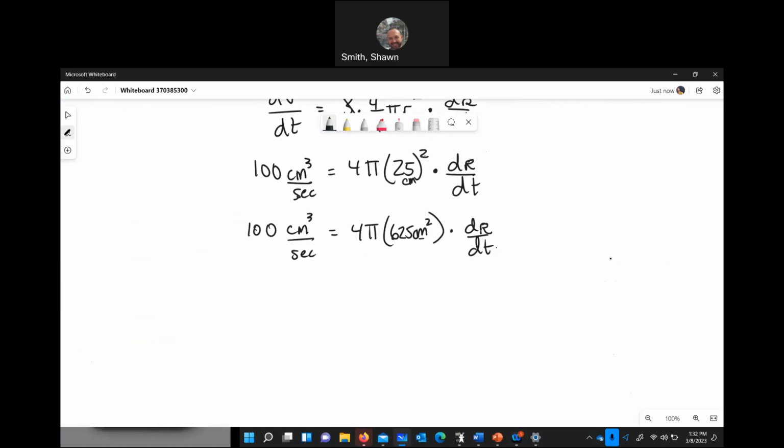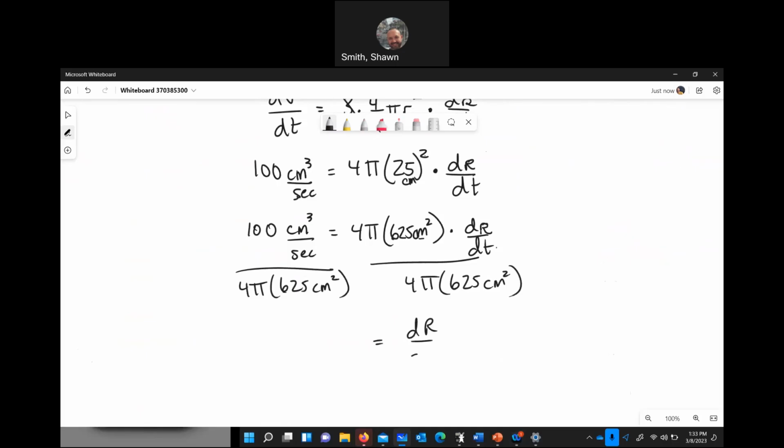All right, so now I have to divide everything by 4 pi times 625 centimeters squared. Well, that cancels, and that has solved for dr over dt at a radius of 25.